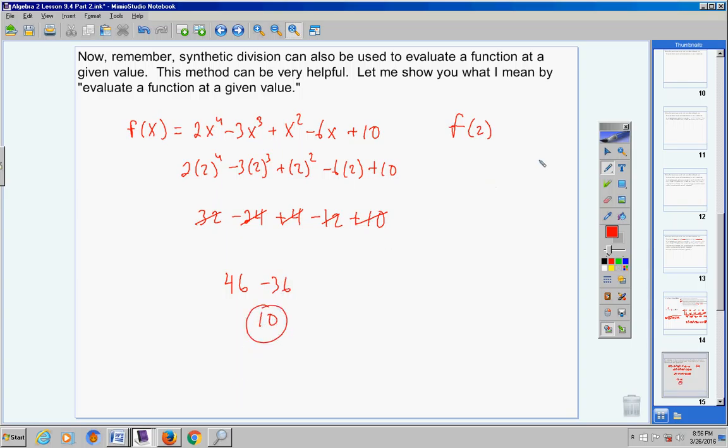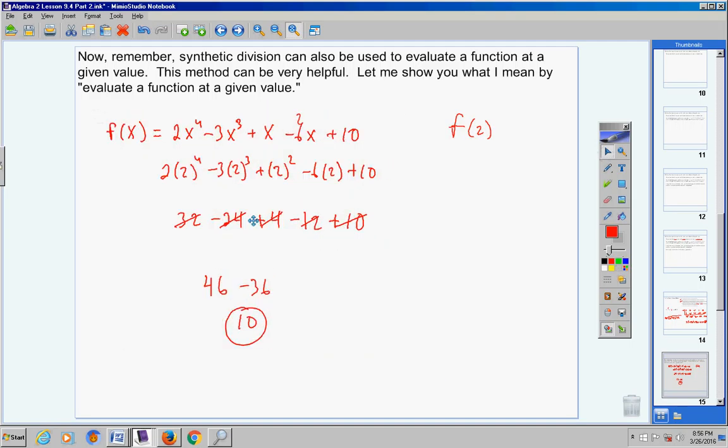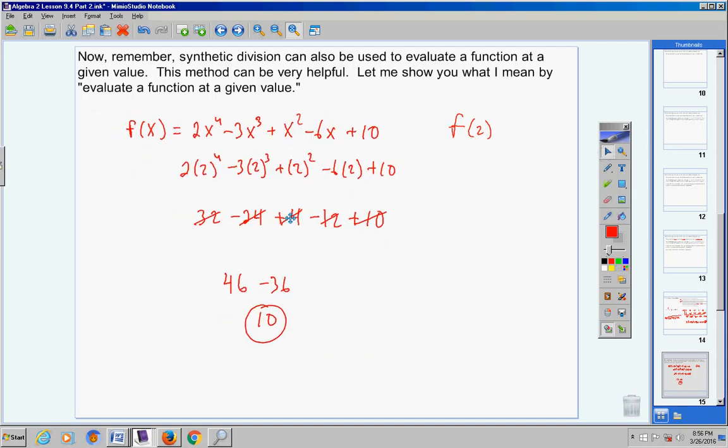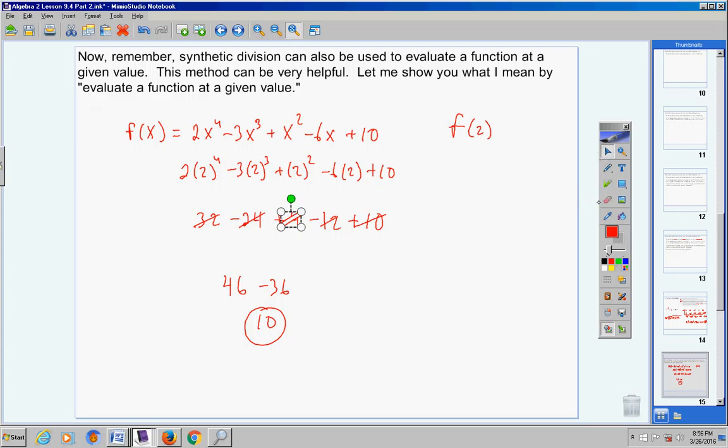Got it? Now watch how fast synthetic division is, okay? Watch this and be amazed. I'm just kidding, but watch this. Now watch how fast synthetic division works. Put your box. You're evaluating it at 2. Put a 2 here. 2, negative 3, 1, negative 6, 10.